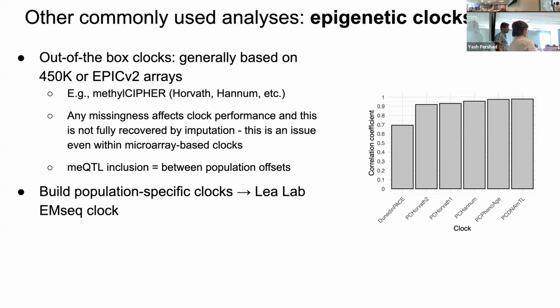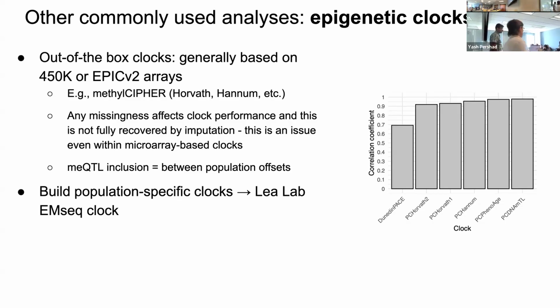And again, we see that if you generate estimated clock values or predict age from the EPIC array and the Twist data, you get very, very high convergence, except for DunedinPACE. I can tell you about that later. So you can use these out-of-the-box approaches.